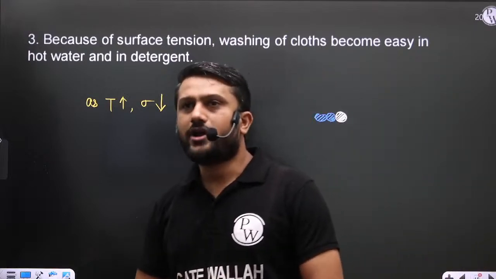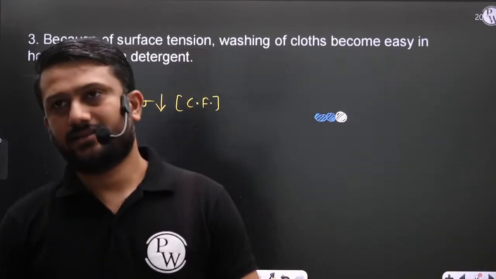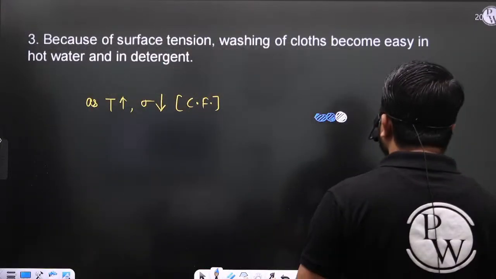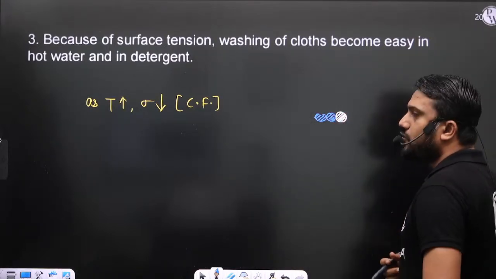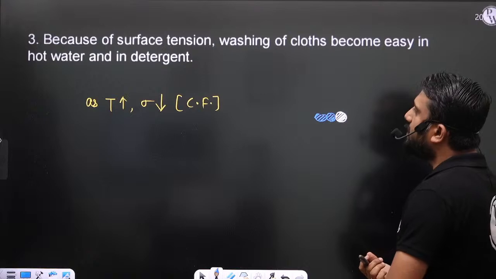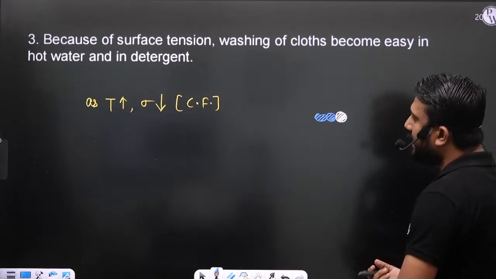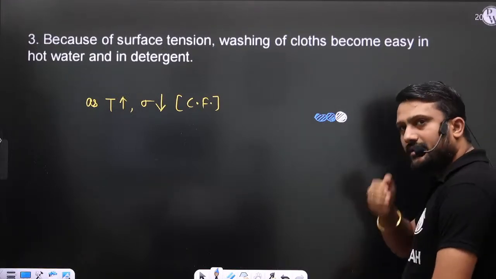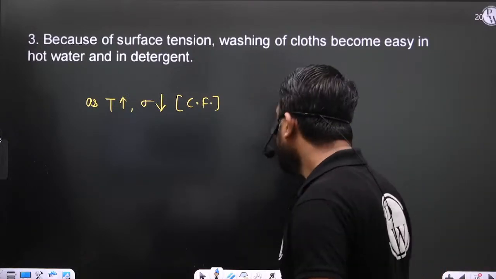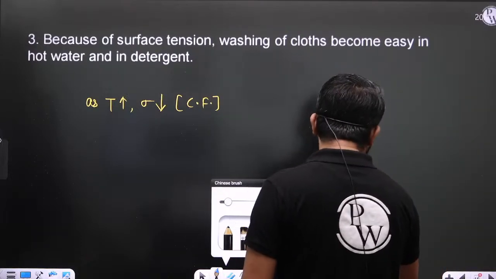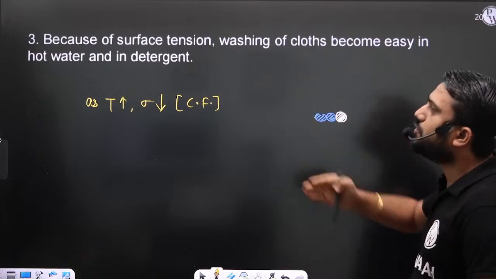When temperature increases, the cohesive force between the water molecules decreases, and the dirt moves away with the water. So as temperature increases, surface tension decreases, because the cohesive force decreases.